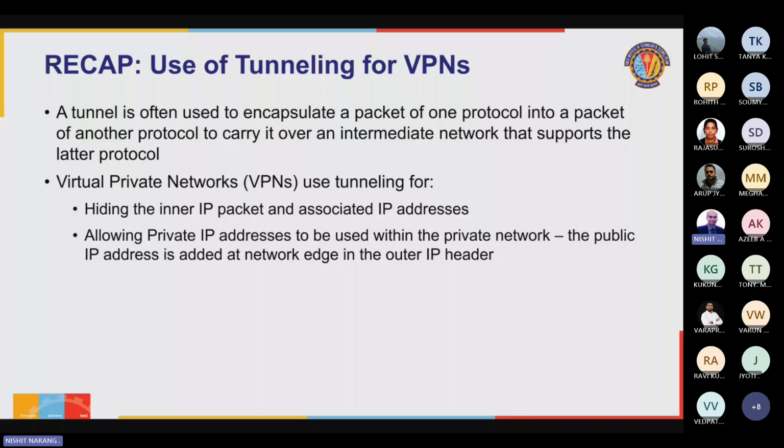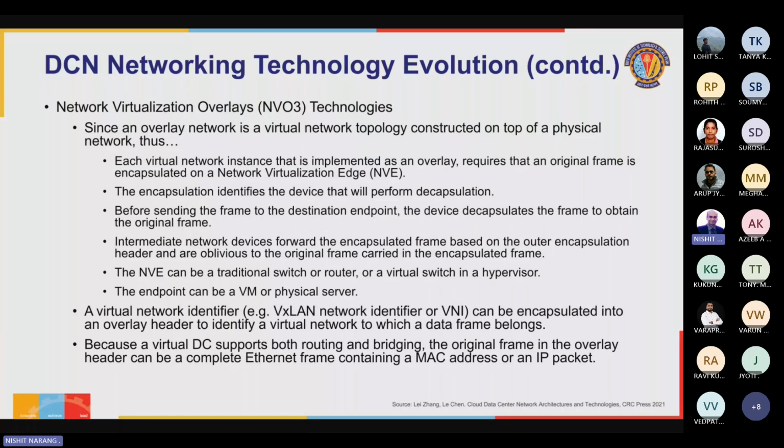A virtual private network is also a tunneling approach, but it augments the tunneling functionality with encryption of the inner packet, which secures the content of the overlay network when it passes through the underlay network. So that's how tunneling has been used in the past, and it's also used in NVO3 technologies.